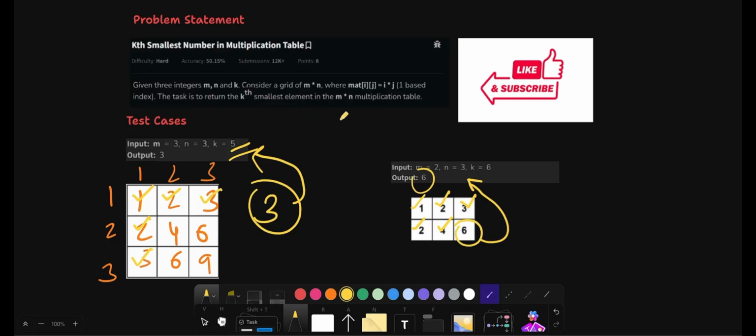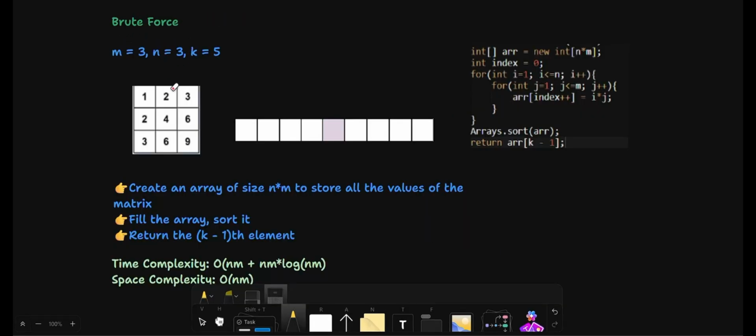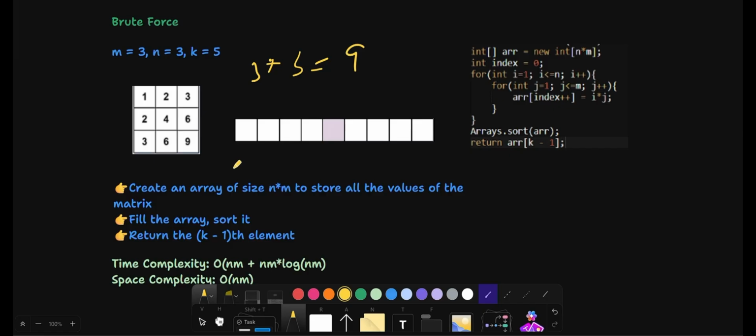Let's see if this problem is actually solvable using brute force. The brute force is very simple. We'll create an external array of size n cross m, which is 3 into 3, which is 9 here, and we'll fill the array.